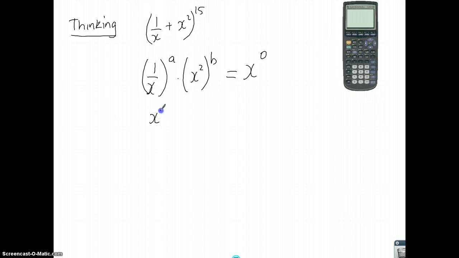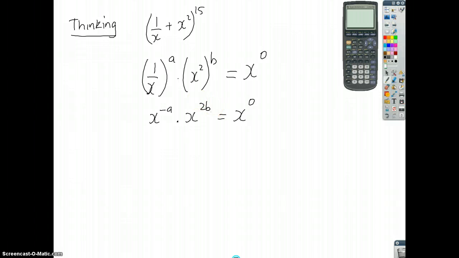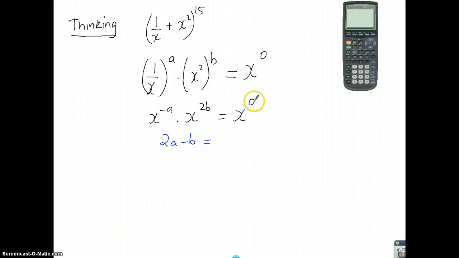So we've got x to the minus a times x to the 2b has to equal x to the 0. What do we know about our exponents here? When we multiply with the same base, we add those. So we've got 2b minus a has to equal 0, or 2b equals a.